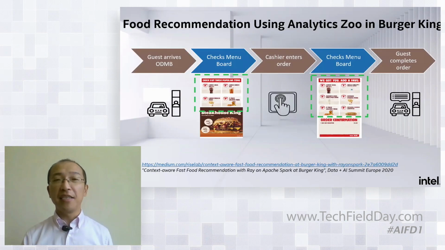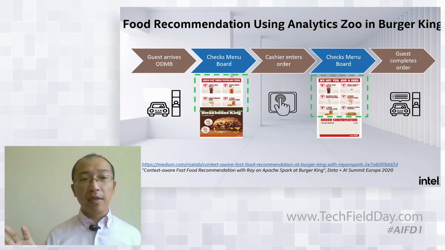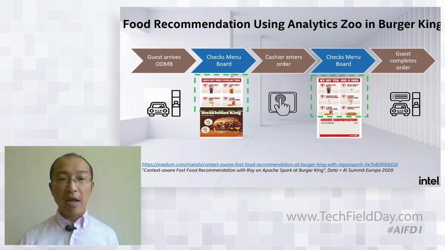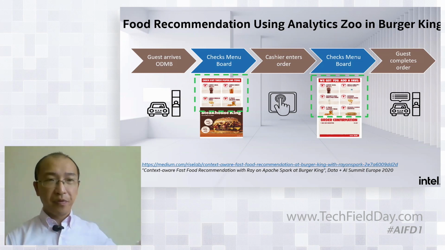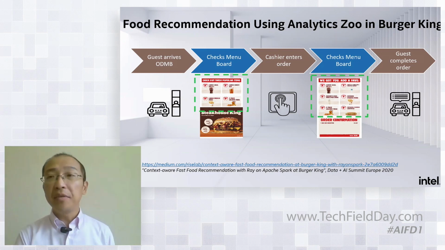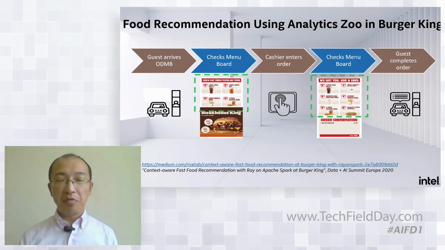First is the Burger King case. It's a very interesting use case. By the way, we have a technical blog as well as a talk at the Data and AI Summit. So if you're interested in more detail, you can refer to that. But at a high level, you have customers driving into your drive-through restaurant, and inside the drive-through restaurant, they have a menu board, and it shows a bunch of items.